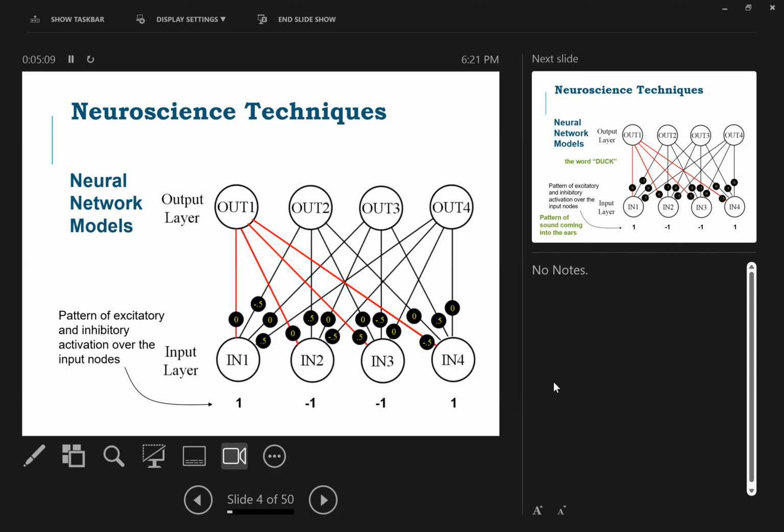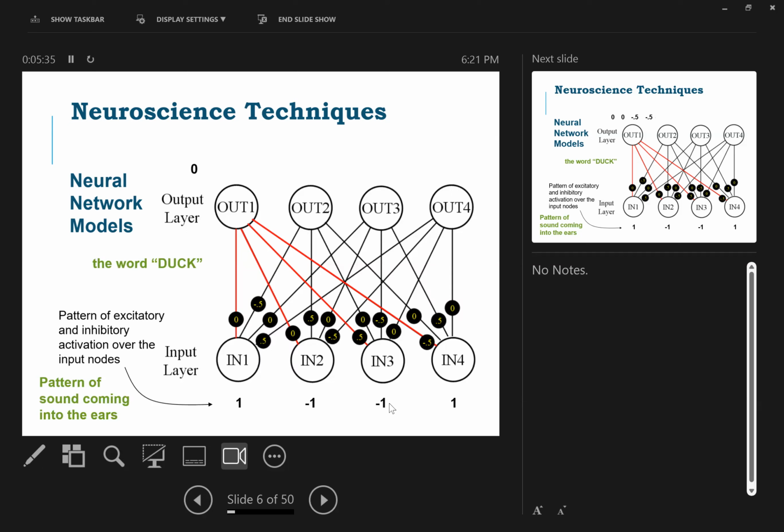Something like, say, an object recognition network may have up to 200 layers. Here we're looking at one. But imagine this is the current state of these neurons, that these two are firing above their baseline and these two are firing below their baseline. And again, imagine that this pattern means something.